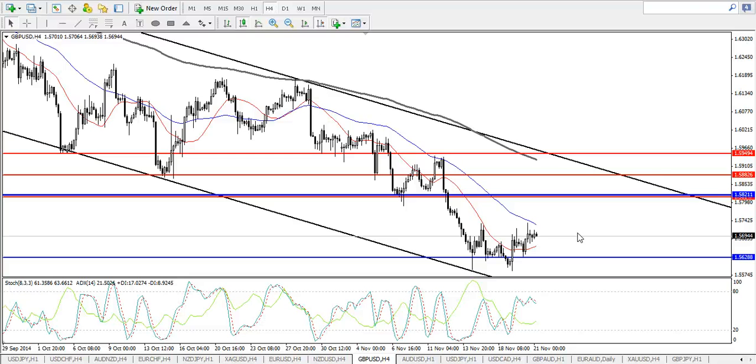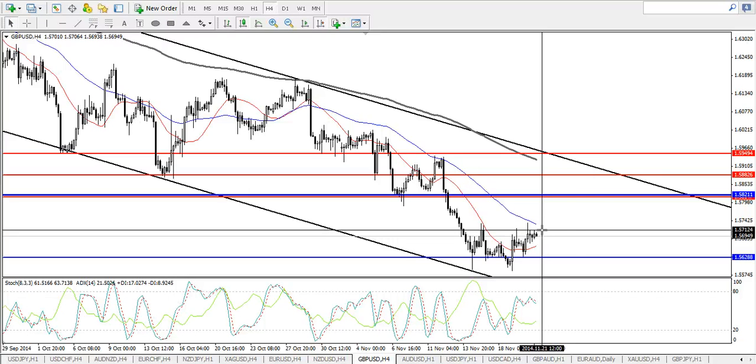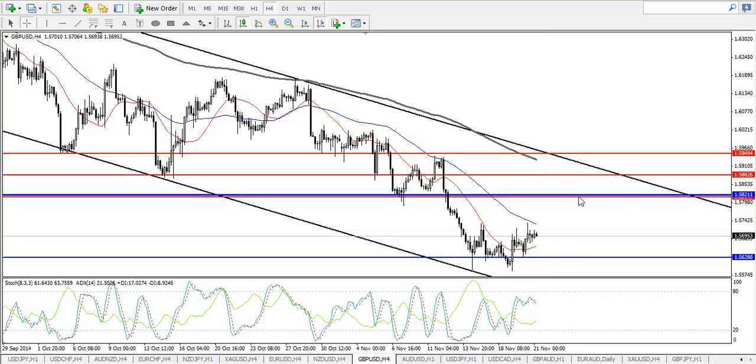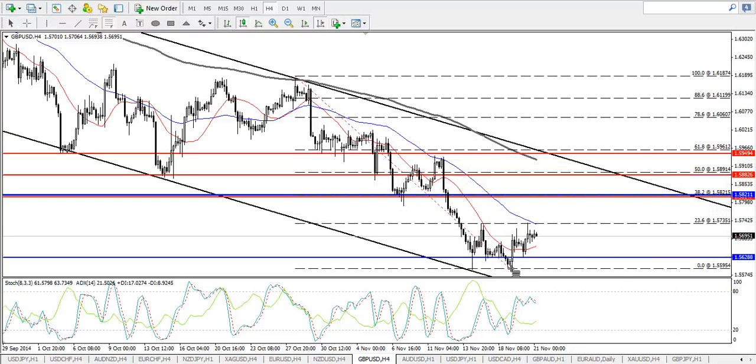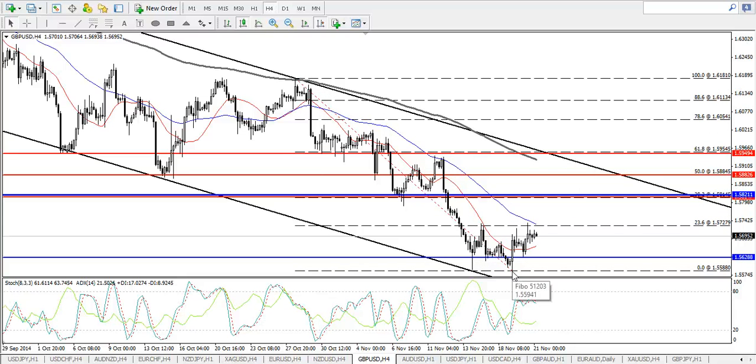Look at the structure itself. It seems that price may retrace further, and the first level that I really want to look at is over here, the price of 1.5821. And if I plot a retracement level over here, this is the 38.2% retracement level.